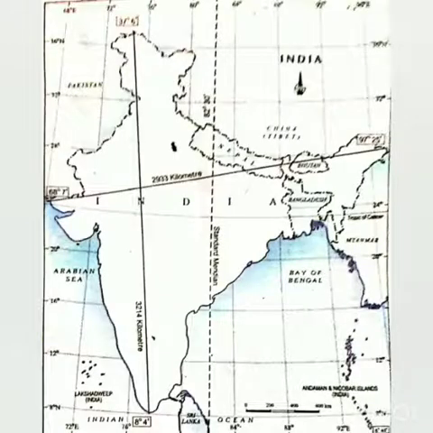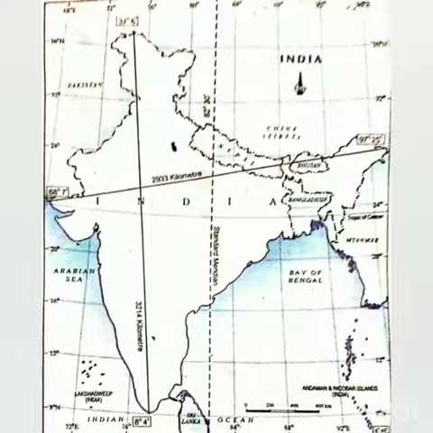Now see this picture. This picture will make you understand clearly the latitudinal and longitudinal extent of India, the position of the Tropic of Cancer, as well as the land boundary and the coastline of India's mainland.